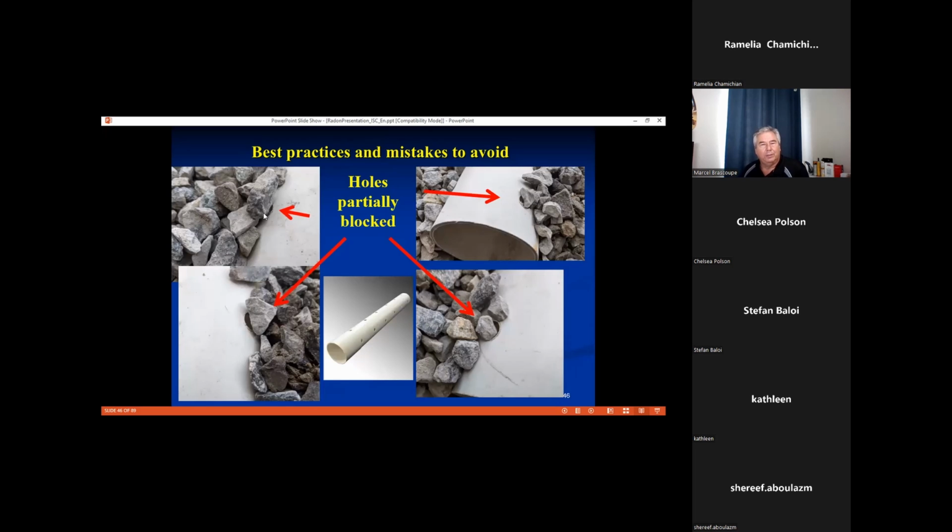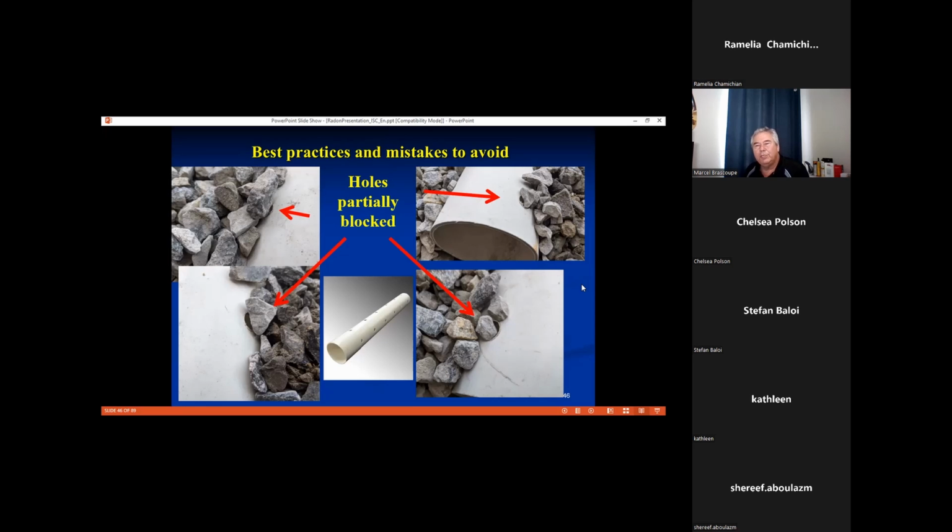When we backfill around the smooth wall SDR35 or B&Q pipe, what actually happens is what we see here. There's not a lot of holes. You remember, there's 2 series of holes. And when we backfill with the crushed stone, that crushed stone partially blocks the holes in the pipe, as you can see here.